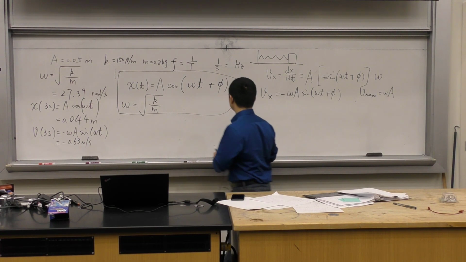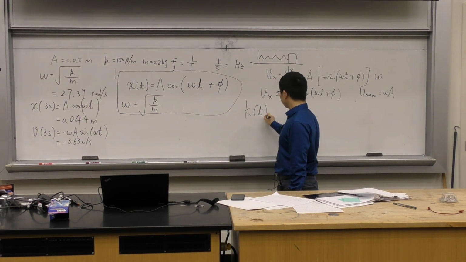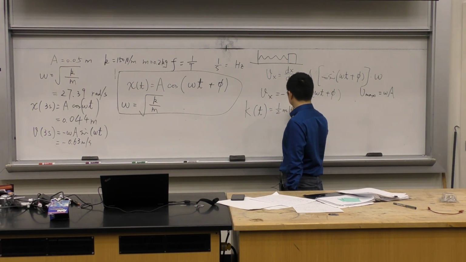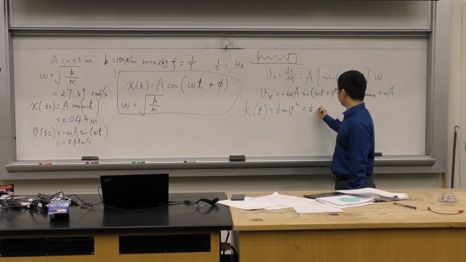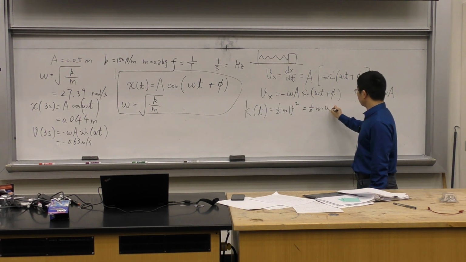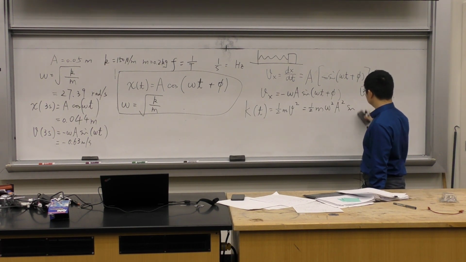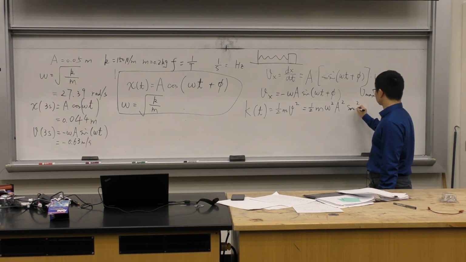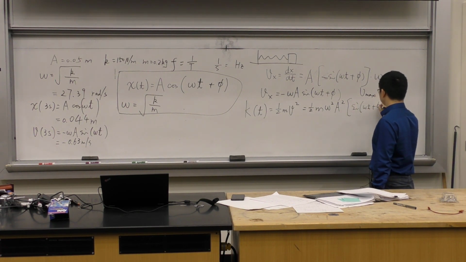So if I want to find the kinetic energy, of course, kinetic energy is also going to be a function of time, right? Because for kinetic energy, I still do 1/2 m v squared. Just use this, so you will get 1/2 m times omega squared A squared, sine squared of omega t plus phi.